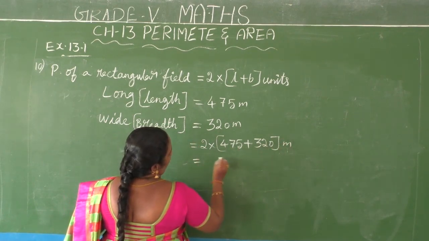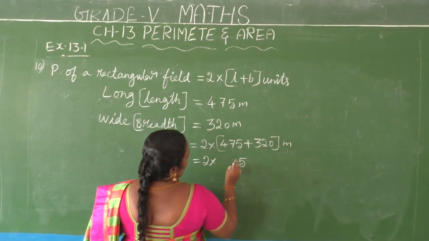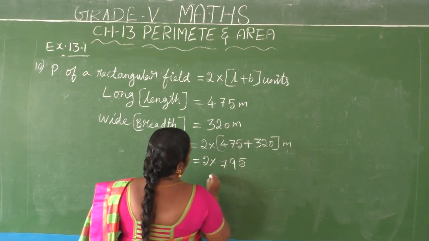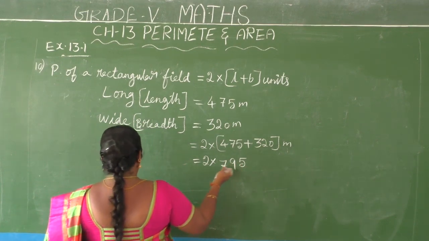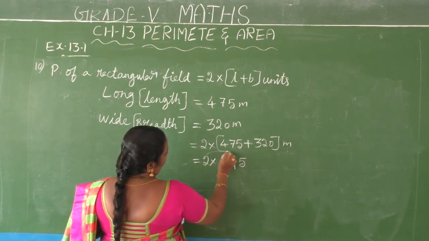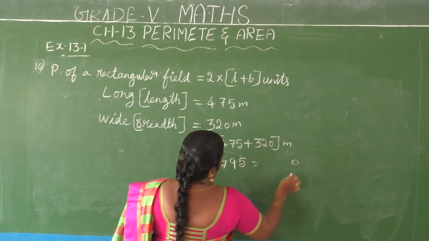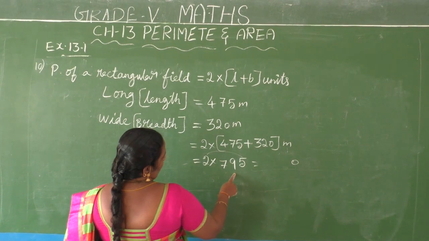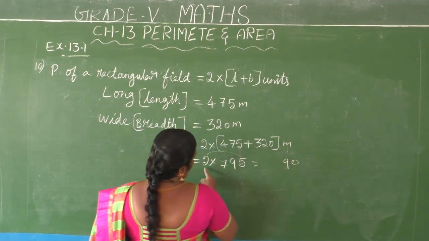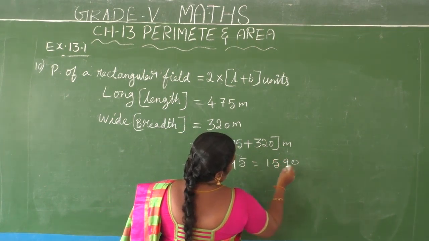So 5 plus 0, 5. 7 plus 2, 9. 4 plus 3, 7. Then you can multiply this 2 with 795. 2 5s are 10, 0 and remaining 1. 2 9s are 18, 18 plus 1, 19. 9 and remaining 1. 2 7s are 14, 14 plus 1, 15.